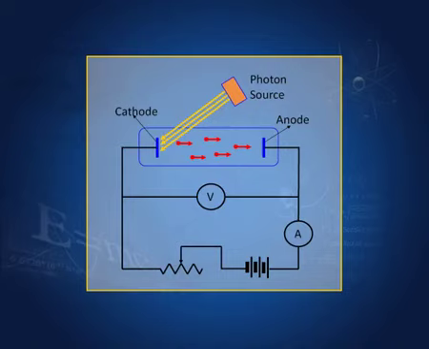Suppose we start the experiment and the ammeter does not show any current. Then we increase the frequency of the photons, or the energy of the photons. Once the current is registered by the ammeter, we stop changing the frequency and vary the intensity of the photons.